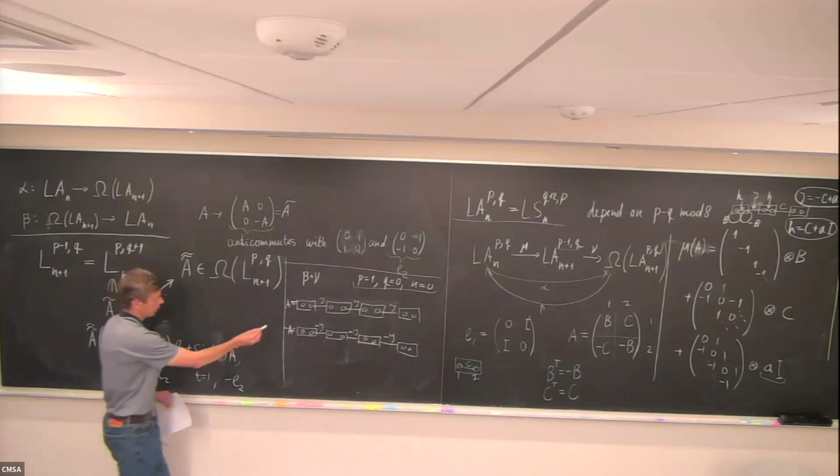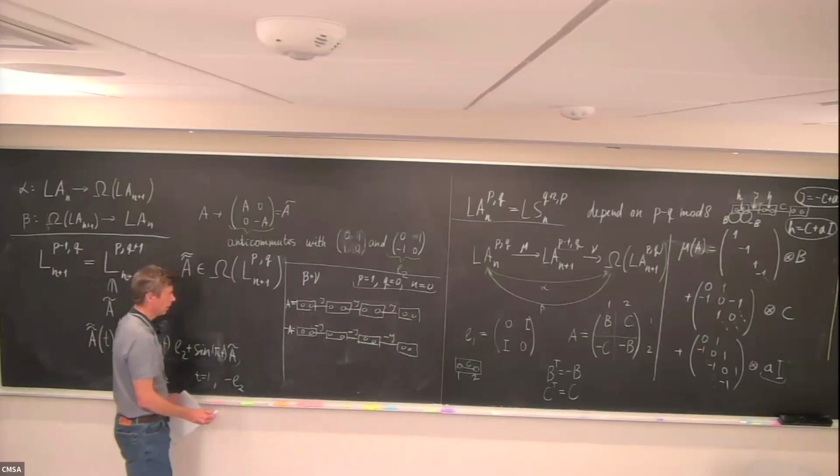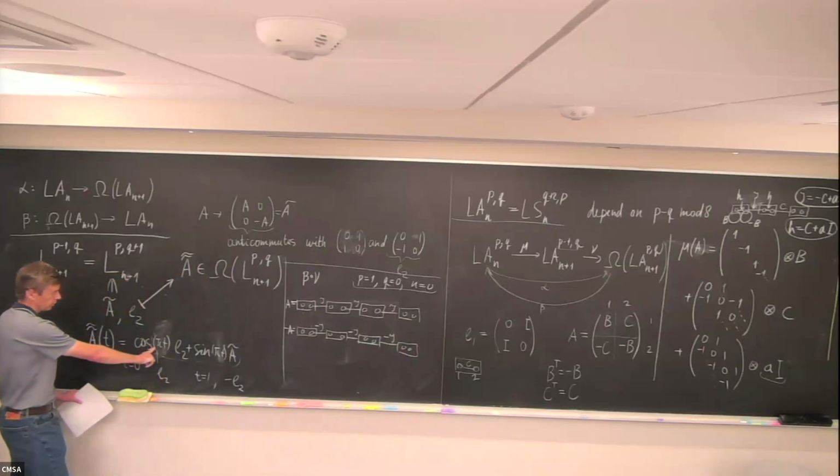E2 is a coupling between these sides. And E2 depends on parameter t that varies from 0 to 1.